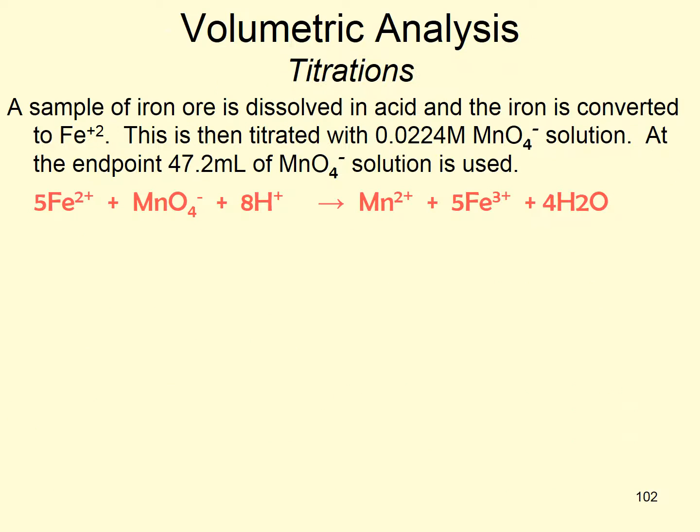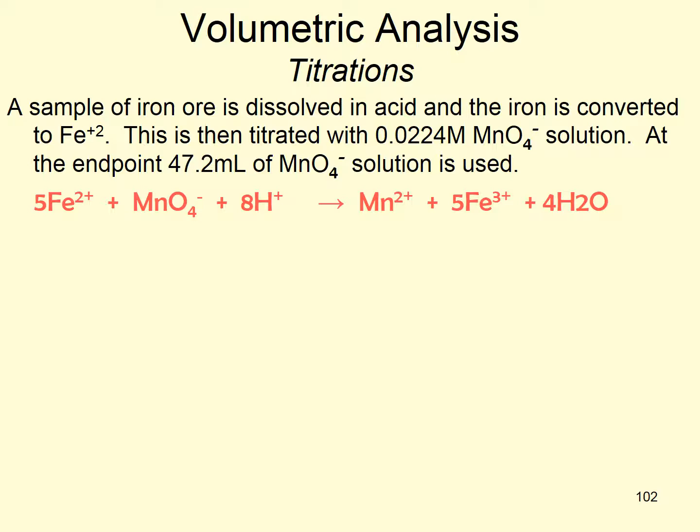All right, we're going to look at one more example. This one's a little bit more complicated, but not really. So a sample of iron ore is dissolved in acid, and the iron is converted to iron 2+. Now we're going to titrate this iron with MnO4 negative permanganate solution.